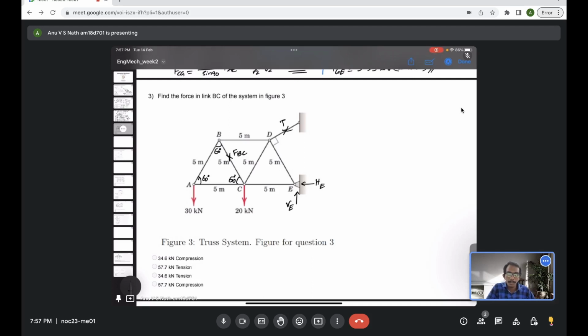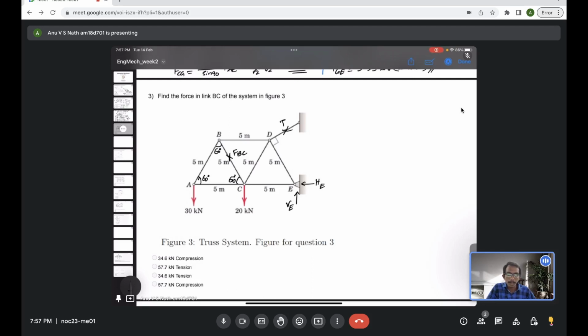Or you could take a section passing through the link BC, cutting at some point on BC, then find the force in that link BC. That you can also try, but I think method of sections is a little complicated. Joints will be easier.